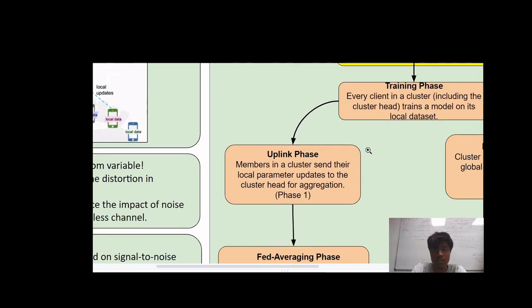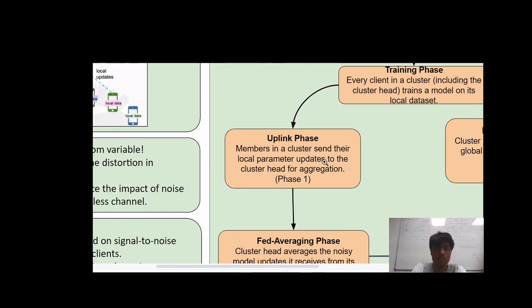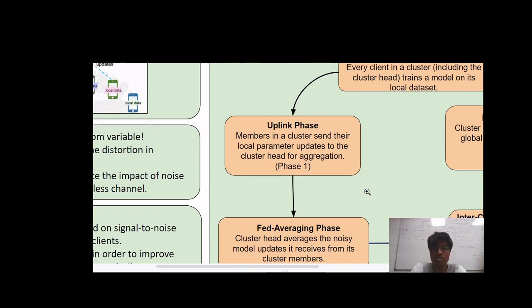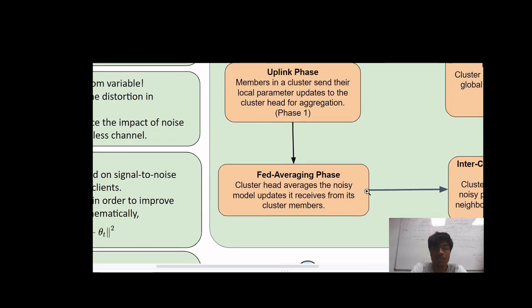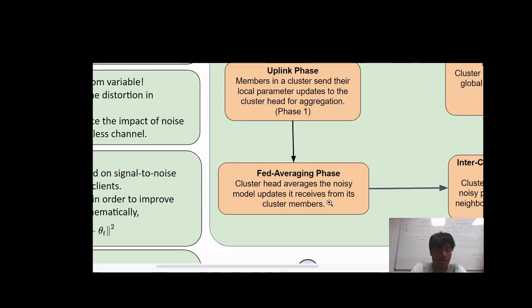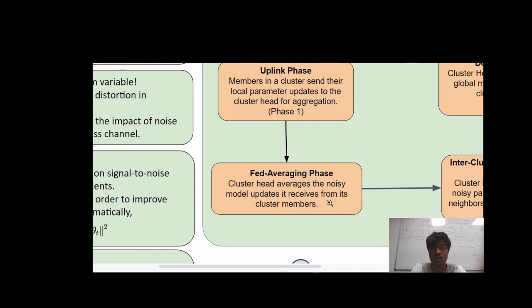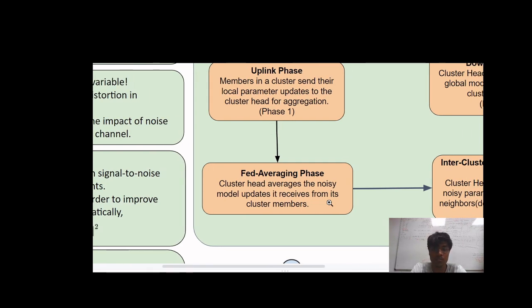So after the training phase, we have the uplink phase, where every member in the cluster will send their parameter update to the cluster head for aggregation, standard FL. When the cluster head receives all the parameter updates from the respective clients in the cluster, it will aggregate them using some algorithm like FedAvg, for example.